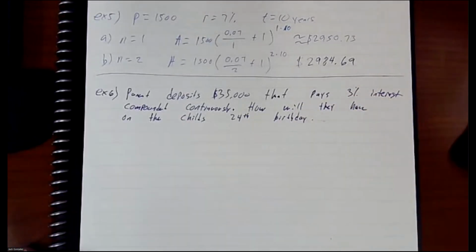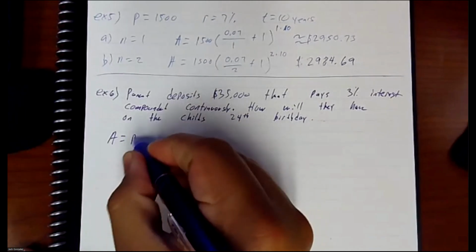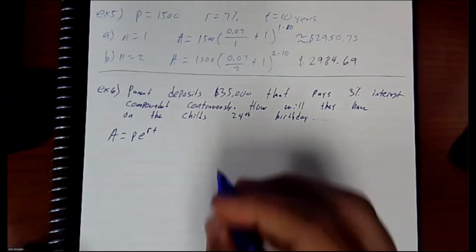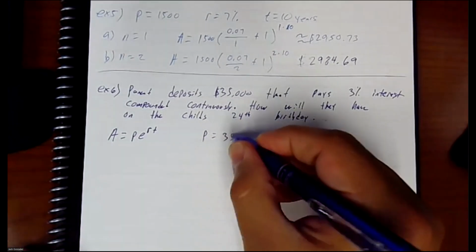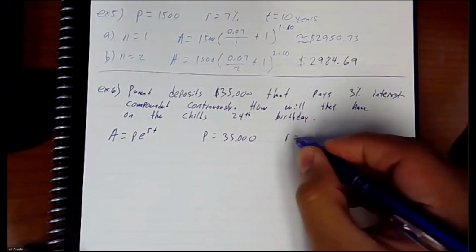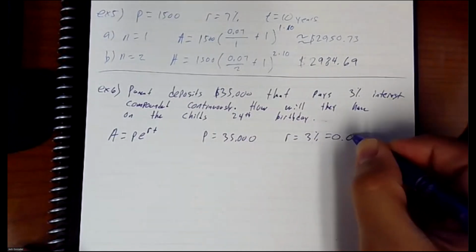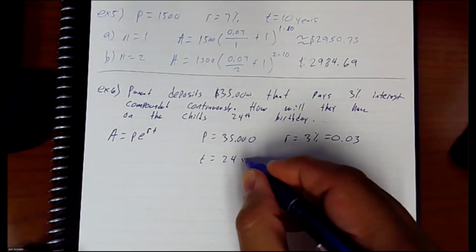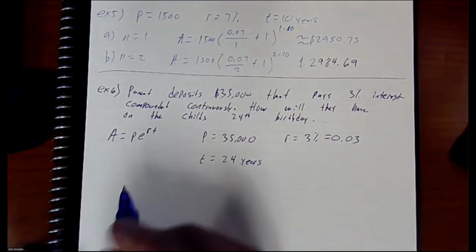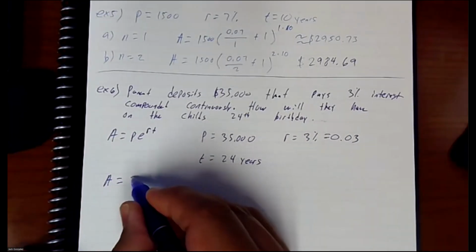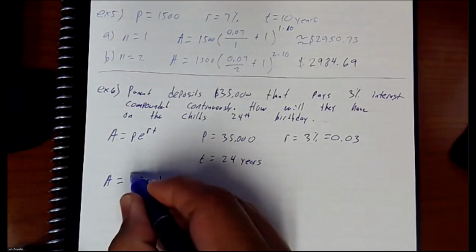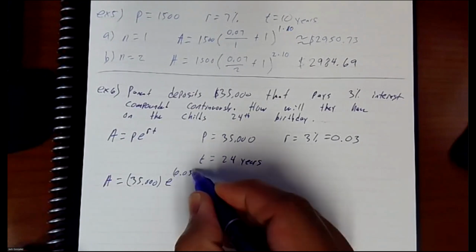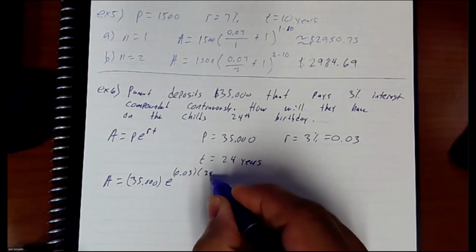All right, so they said the word continuously, so we're going to be using this guy: P times E to the RT. P is the principal that they deposited. Rate was 3%, which is 0.03. Time is 24 years. So this person will have 35,000 times E to the 0.03 times 24.